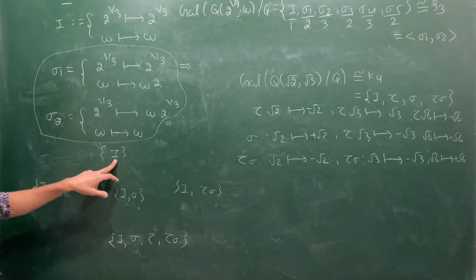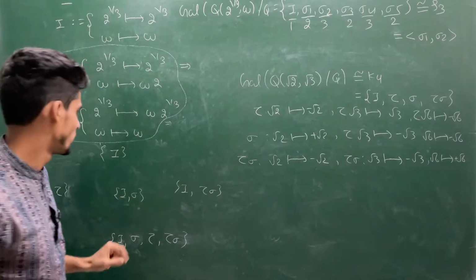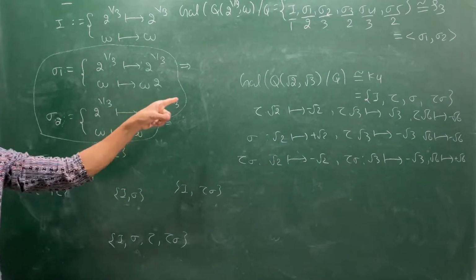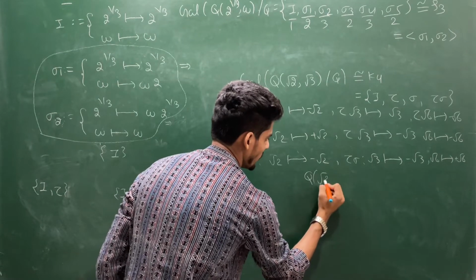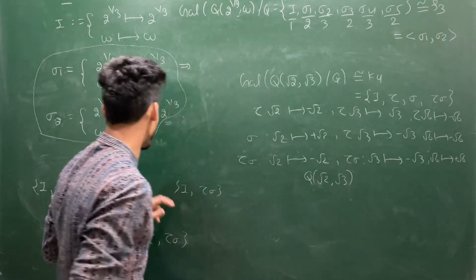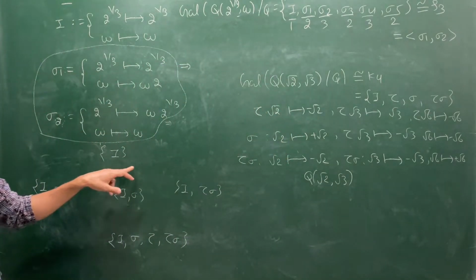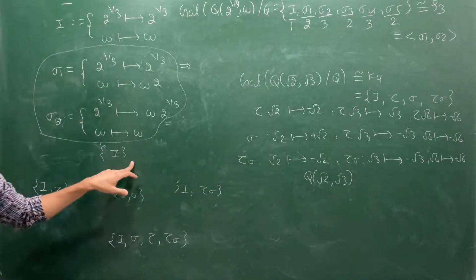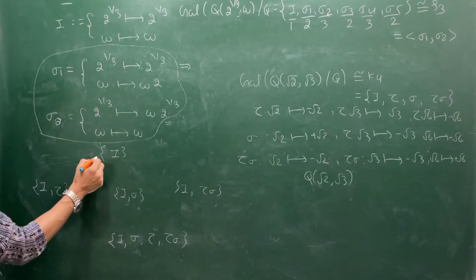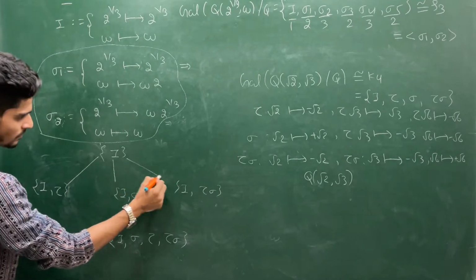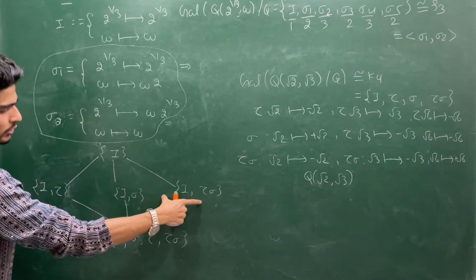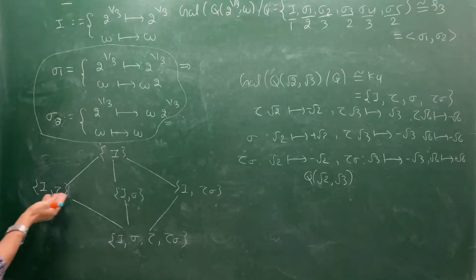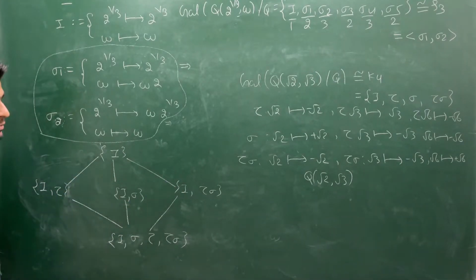If you write the fixed fields according to this, identity fixes every element, so you will have Q root 2, root 3, because it will fix every element of your field. So this is the fixed field corresponding to this. From here you can go to here, here, and here. From these three you can go to the whole group.